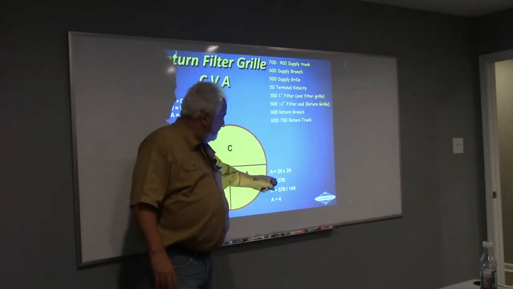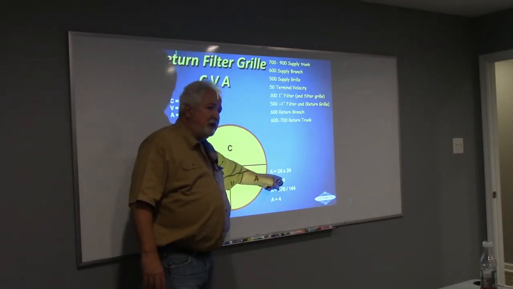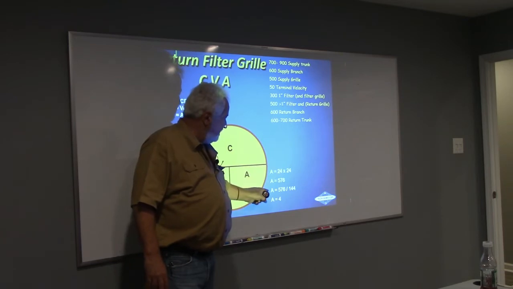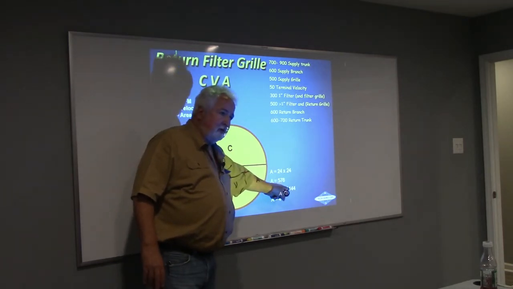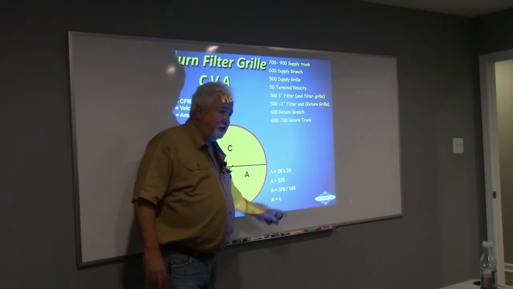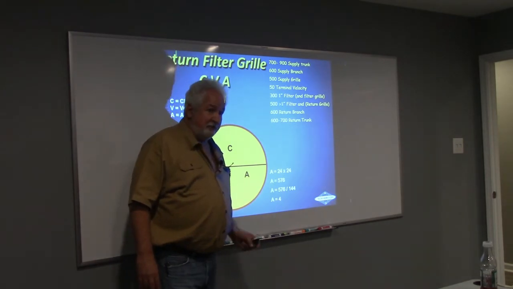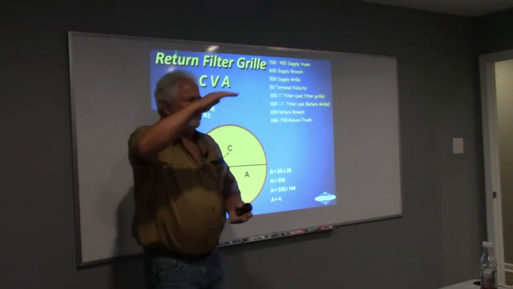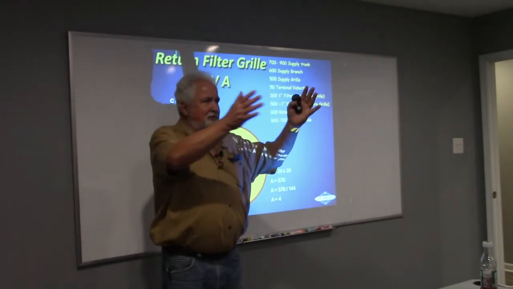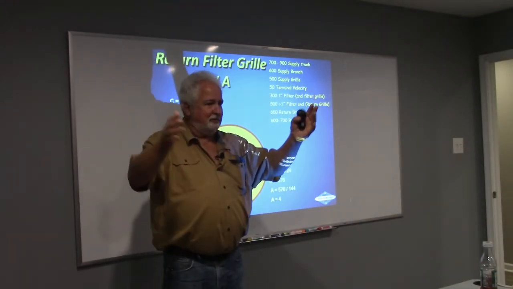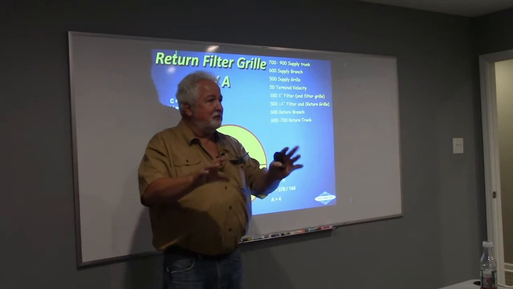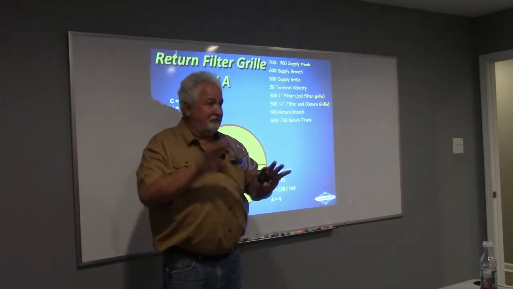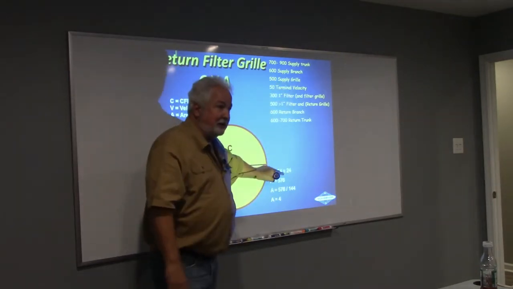Good, so if I have 576 square inches divided by 144, I get 4 square feet. Does everybody follow that? But look at a 24 by 24 grill. That's 4 square feet, yes? Good, so we know that this is right.